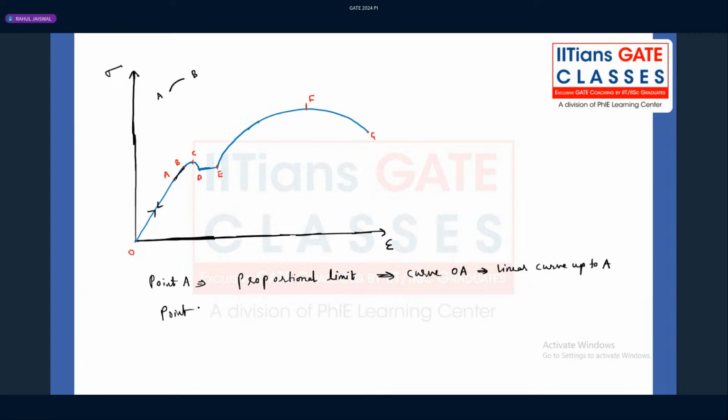So what is the point B? That is nothing but the elastic limit. What is the significance of point A? Hooke's law is valid up to this point. What is the significance of point B? The significance of point B is that after unloading within the point B, the entire strain can be relieved.